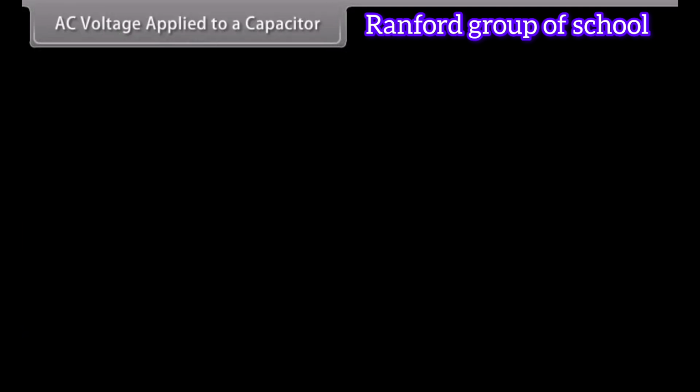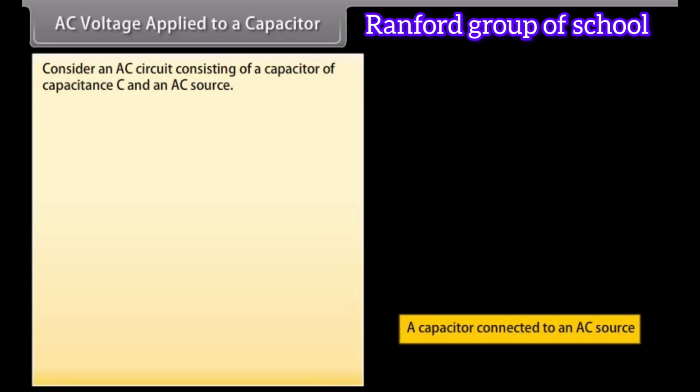AC voltage applied to a capacitor. Consider an AC circuit consisting of a capacitor of capacitance C and an AC source. The AC voltage across the source is V = Vm sin ωt.